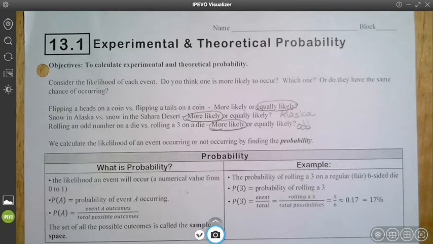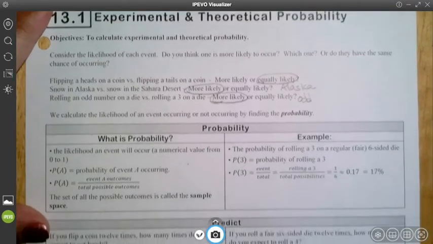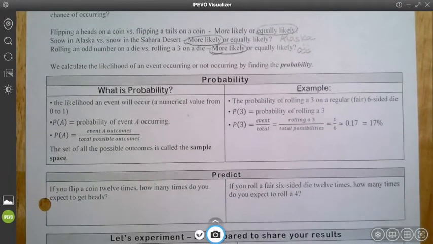Okay, so what we're going to look at first is how do we calculate these probabilities? How are we going to be able to tell, and how do we know when it's experimental versus theoretical? So let's look at our definition of probability. Probability is the likelihood an event will occur, and it's always going to be a value between 0 and 1.